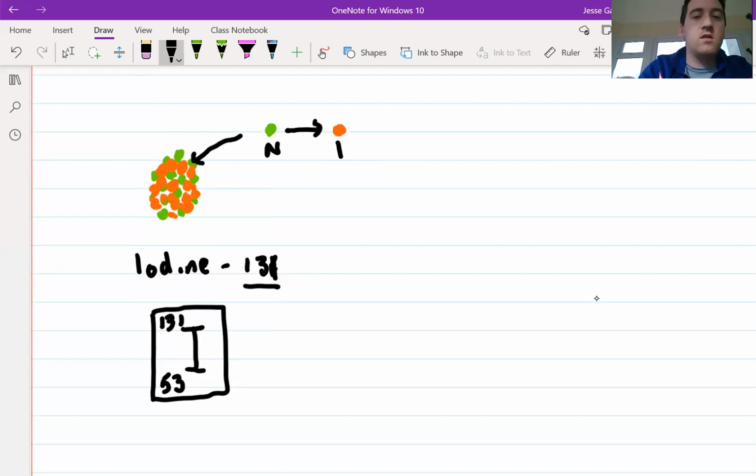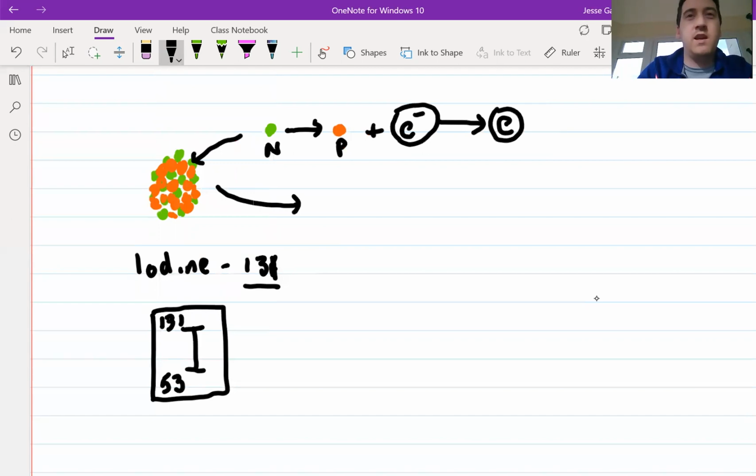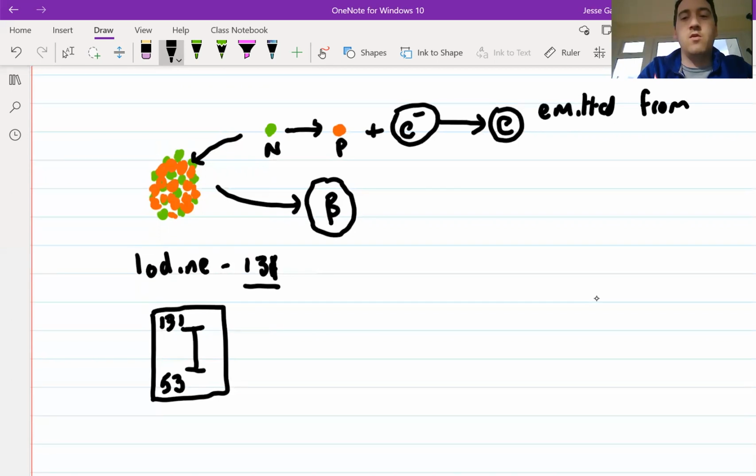A neutron splits to produce a proton plus an electron. And that electron is immediately kicked out of the nucleus as a beta particle. So what leaves the nucleus is a beta particle, which is a high energy electron. This high energy electron is emitted from the nucleus as a beta particle.